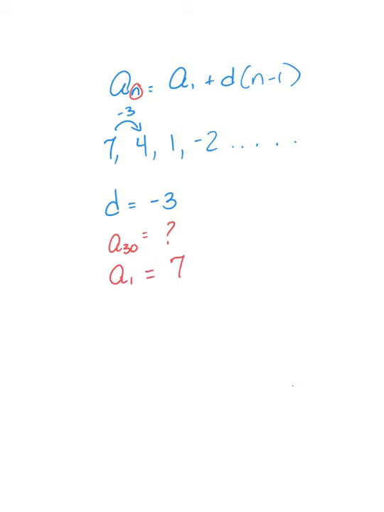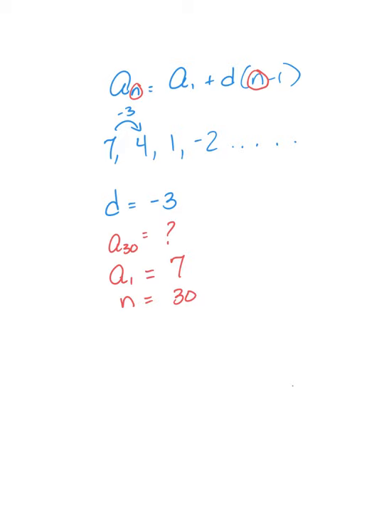Perfect. And now I need to find n. If you notice, n is here and here. Anytime an equation has the same letter in two places, it has the same value. So if I'm looking for the 30th term, n is 30 in both places. If I'm looking for the 15th term, n is 15 in both places. And for some reason, some kids get confused with that.